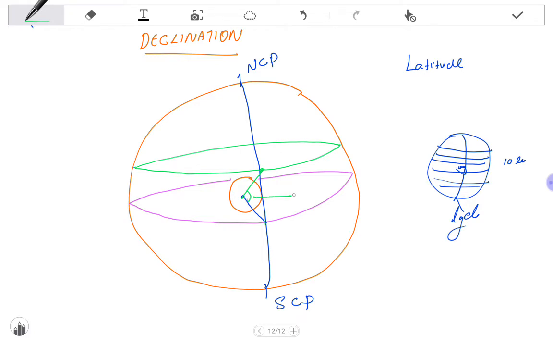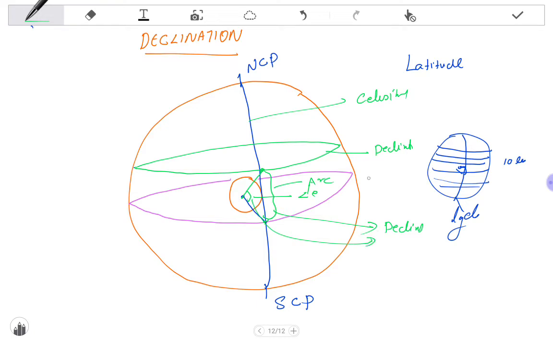Either you can call declination this angle, or there is an arc created on the celestial meridian between the equinoctial and the declination circle. So this arc is called declination, or this angle.